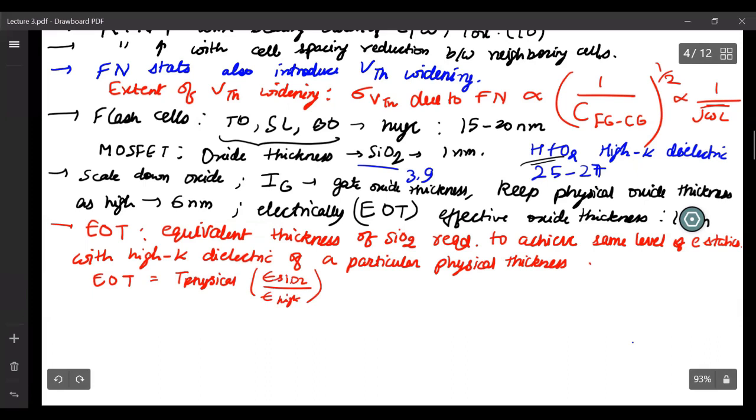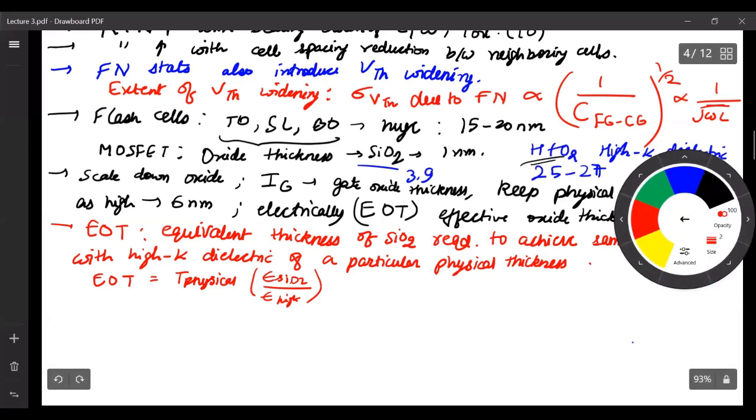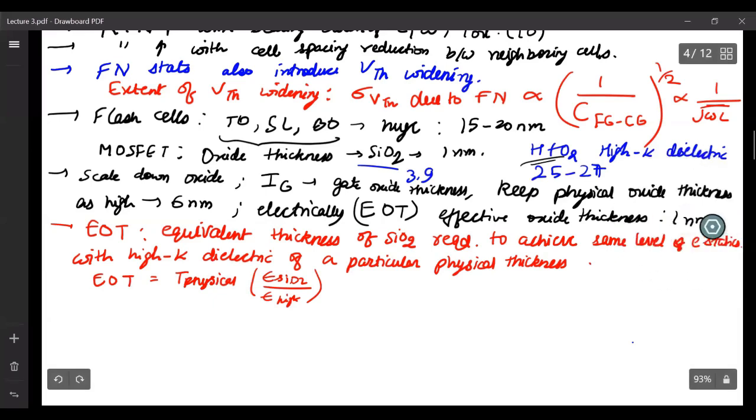So let's say you want to achieve an effective gate control of 1 nanometer of SiO2 using an HfO2 dielectric. So what will you do? What we want here is effective gate control corresponding to 1 nanometer SiO2, so our EOT is 1 nanometer.